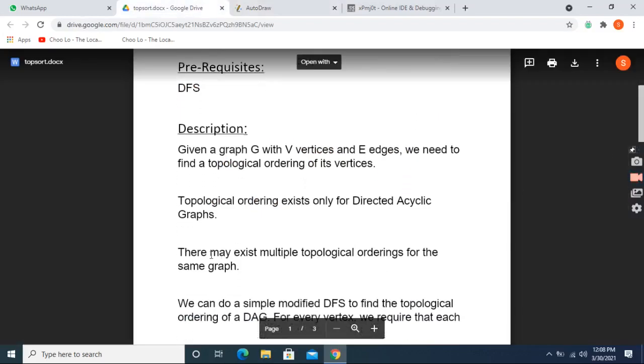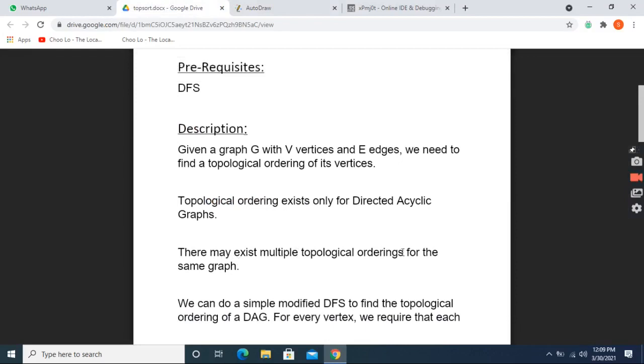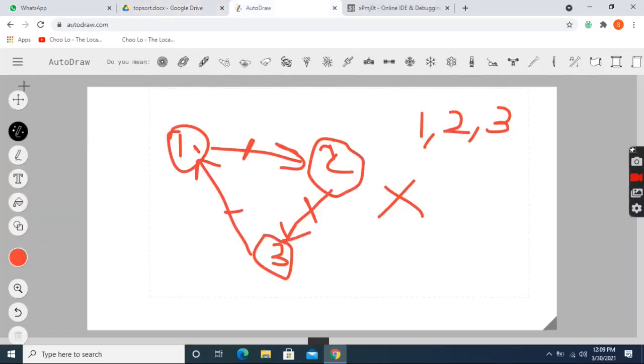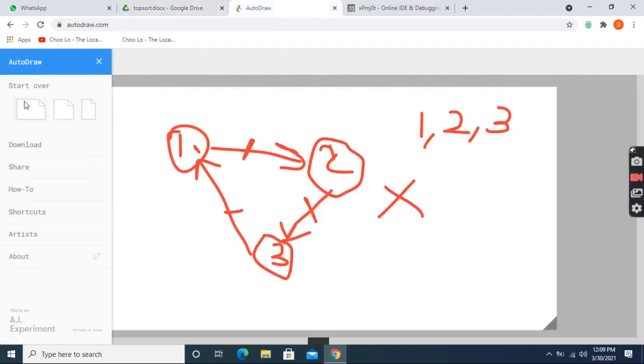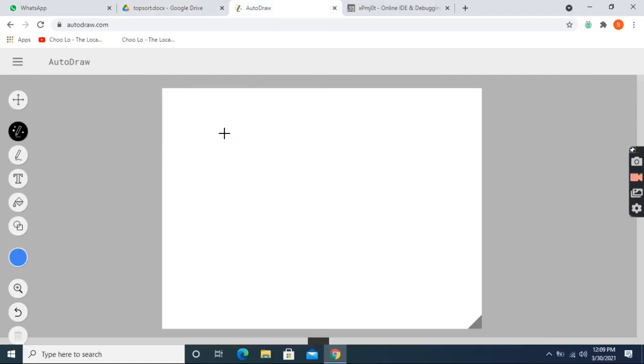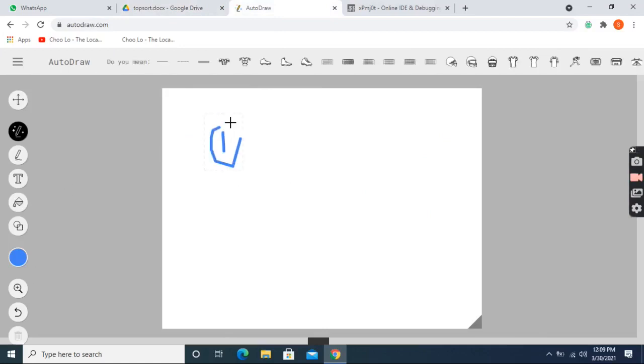Another important thing is that there may exist multiple topological orderings for the same graph. So let me take an example here also. Let me draw a graph.